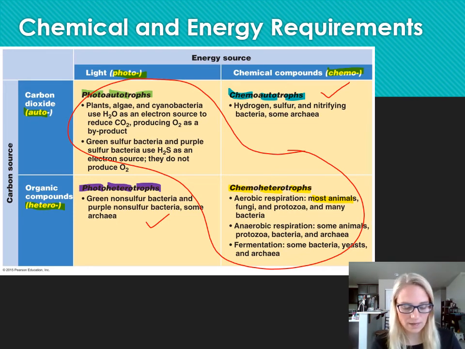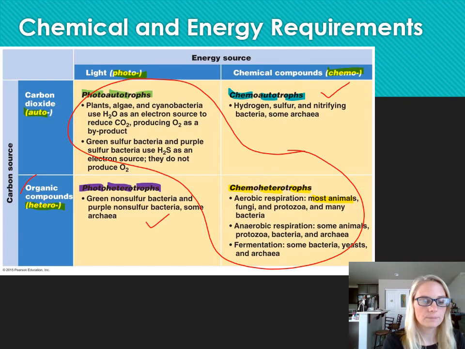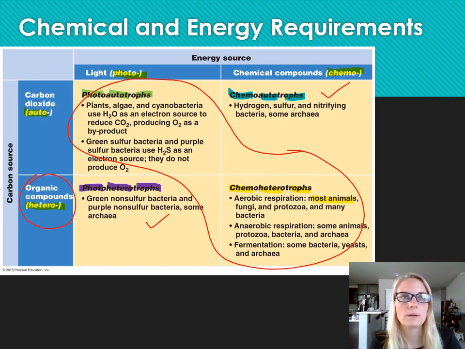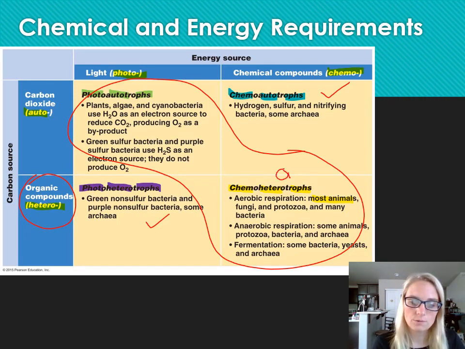But before we get done, I wanted to mention a couple other terms that are on this part of the notes. We have what are called organotrophs. So organisms that use organic molecules as a source of those electrons, like we would be a chemoheteroorganotroph, if we wanted to fit that in there.